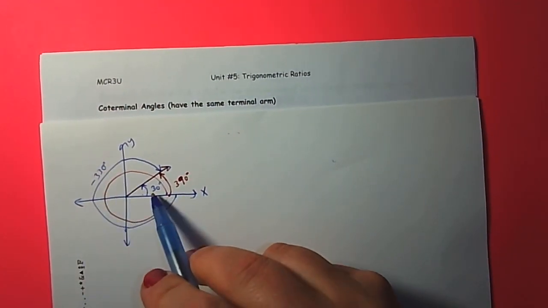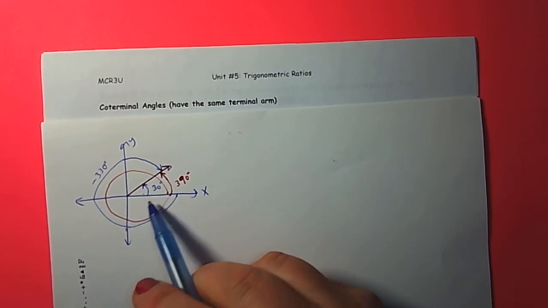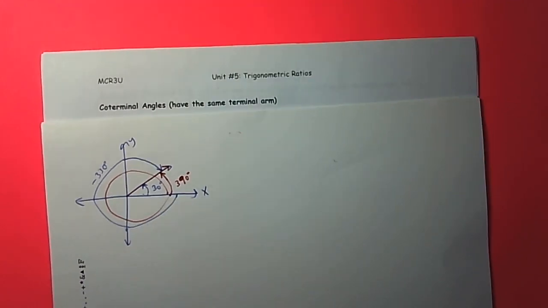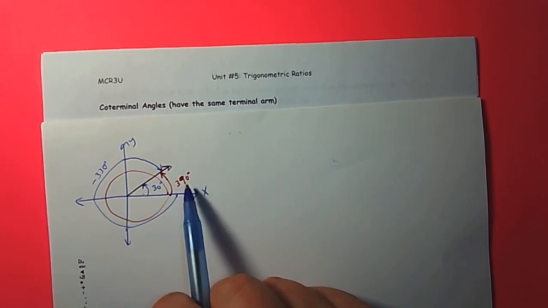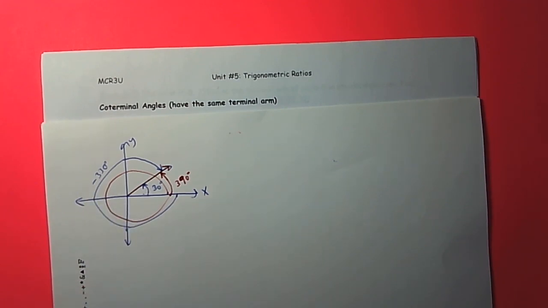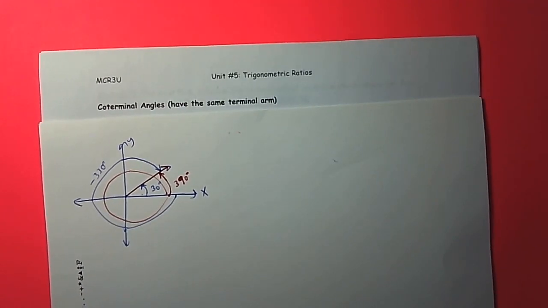Those three angles have the same terminal arm, therefore they are called coterminal angles. Those angles are not the same angles, however their trigonometric ratios are the same. So the sine ratio, cosine ratio, and tangent ratio of 30, 390, and negative 330 are the same.